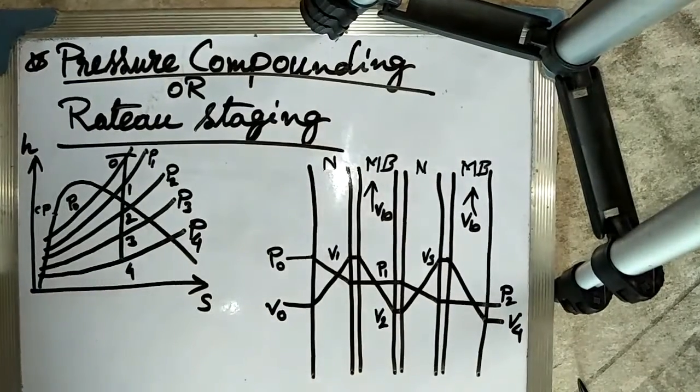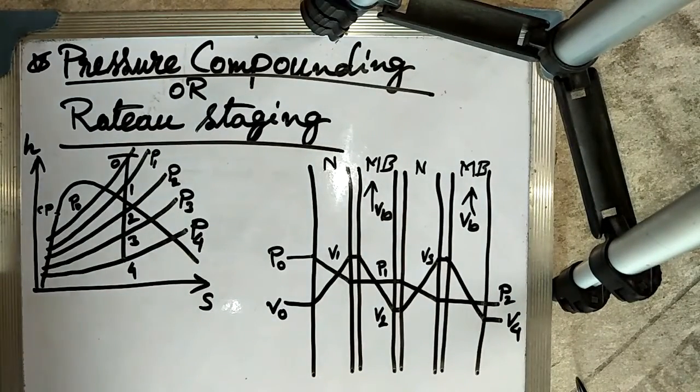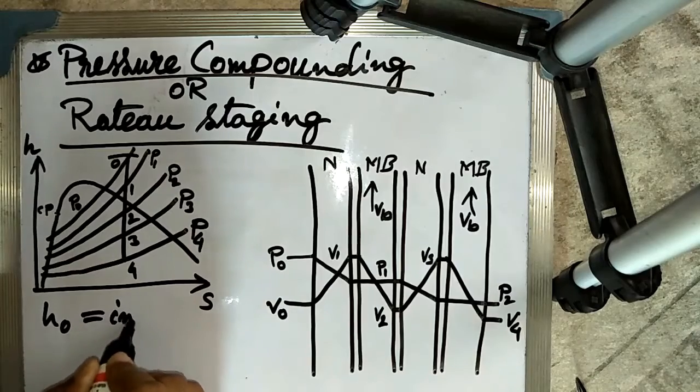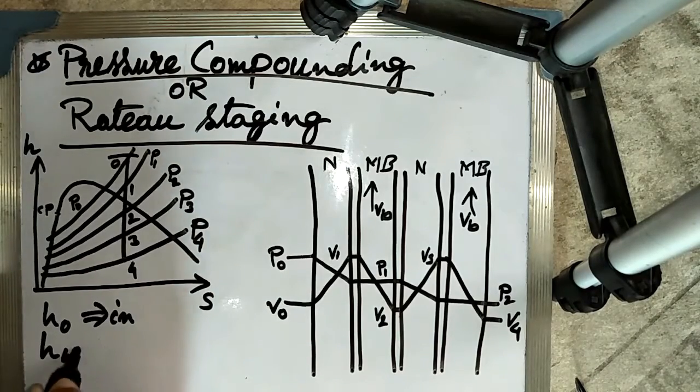The kinetic energy of steam increases in the nozzles at the expense of pressure drop, and it is absorbed partially by the blades in each stage in producing torque. In the total isentropic enthalpy drop of steam, for example for four stages, suppose the inlet enthalpy is H0 and the outlet enthalpy is H4.